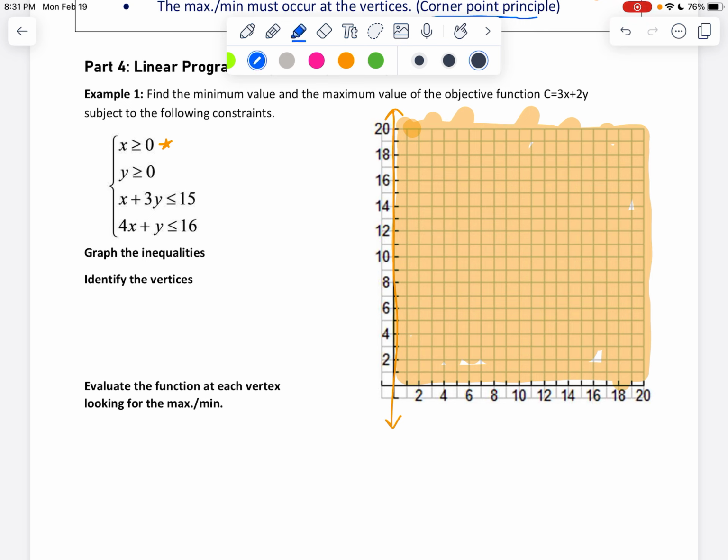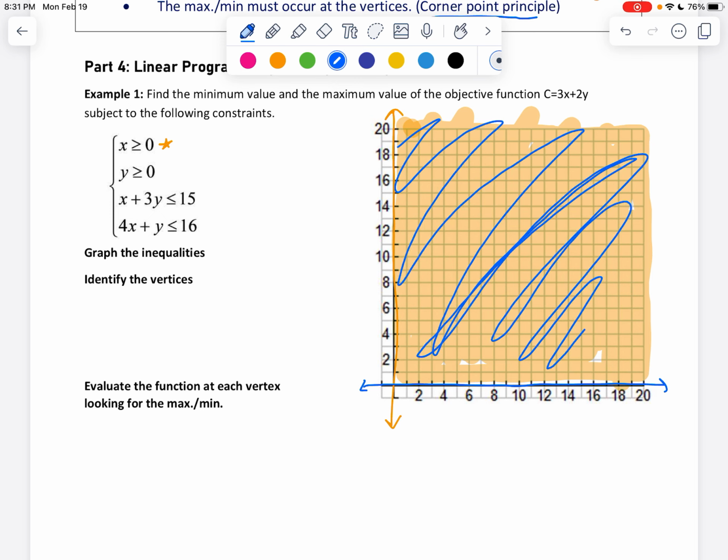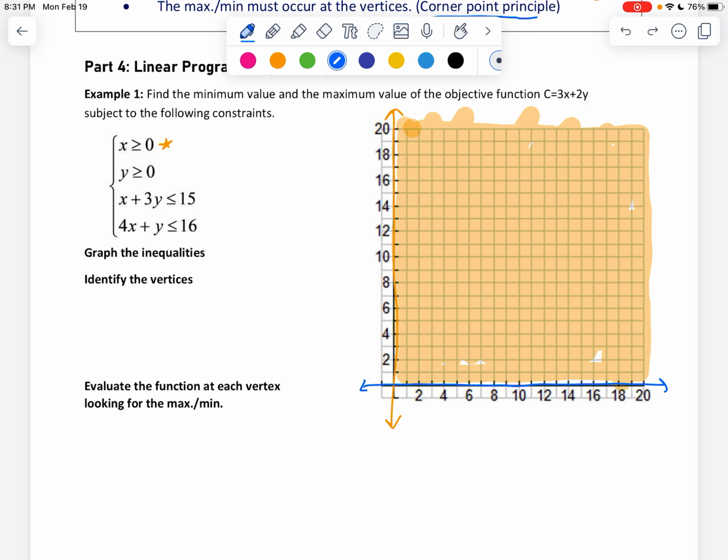So I'm going to plot the line at y equals 0, which will be basically the x-axis right here. It's a horizontal line. And then we will shade above, which is kind of what we've already shaded with the orange. I could also just kind of shade it like that, but I don't want to make it too messy. So just know it's basically the same region. We've shaded above that line.